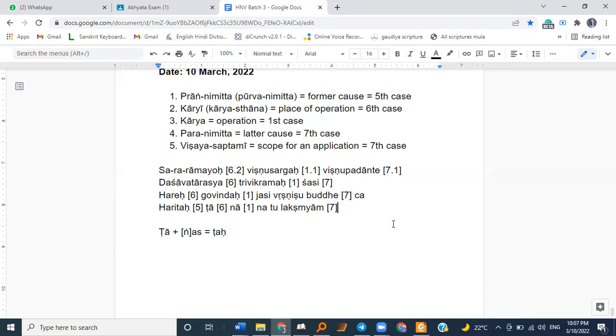Ideally, taha is the thing, grammatically speaking, or according to the structure Jiva Goswami himself made. But ta is easy to understand. And Lakshmyam here is the Vishaya Saptami: if it is not Lakshmi Linga, then only ta is replaced with na, not in Lakshmi Linga.